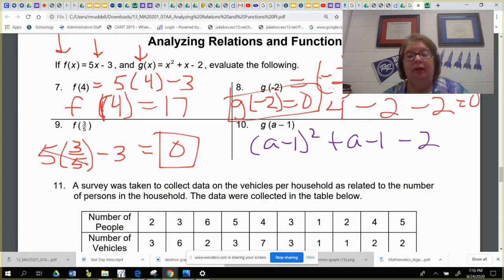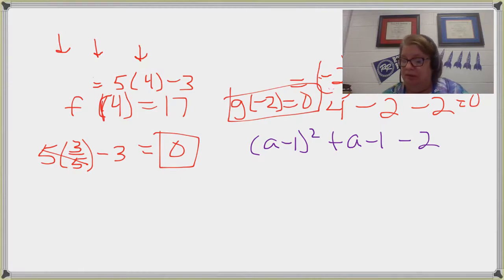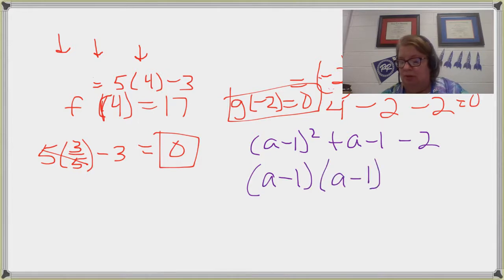A minus 1 squared, let's do this. Change the background a second. This a minus 1 squared is a minus 1 times a minus 1. That's this. Then we have plus a minus 1 minus 2. You can multiply these a minus 1's together.